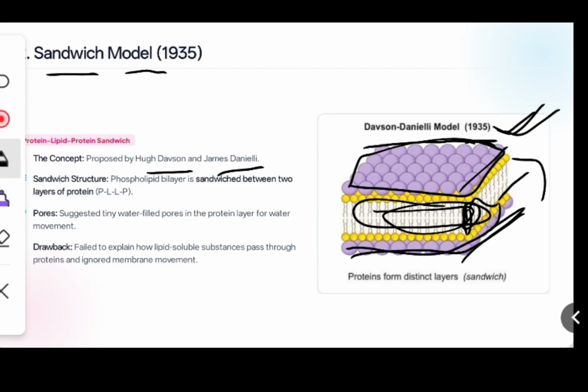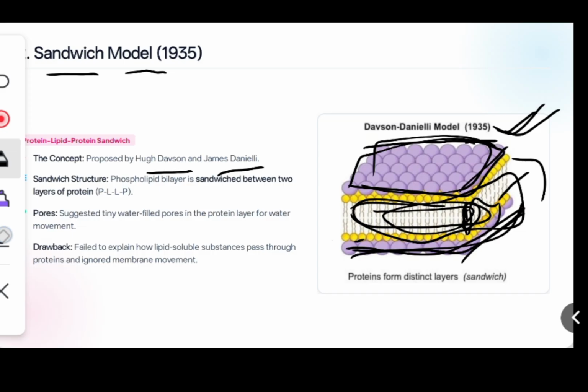Everyone knows sandwich, so that's why they put the name, to explain it well. They are explaining protein layer, lipid bilayer, and again protein layer. Lipid bilayer is sandwiched between the two protein layers.